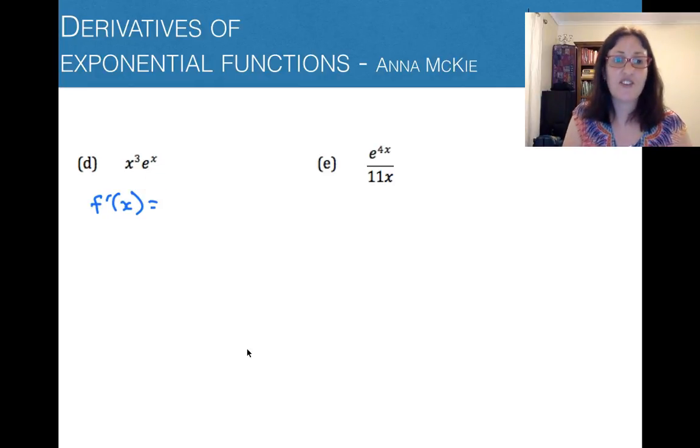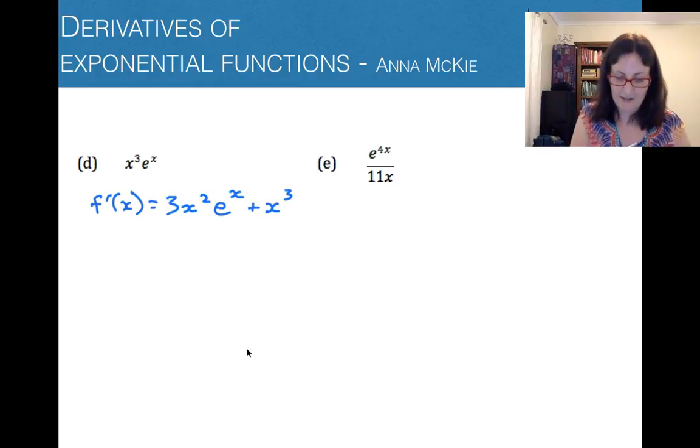So the derivative of x to the power of 3 would be 3x squared, and you leave the second one. Then you add, where this time you leave the first, so the first function, and differentiate the second. So the derivative of e to the x is just e to the x. And that's our answer.